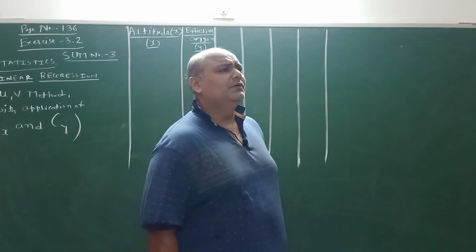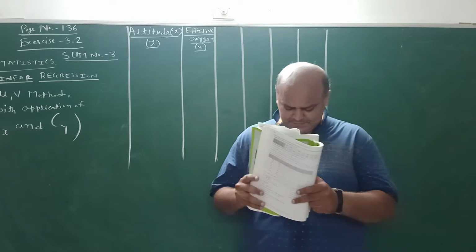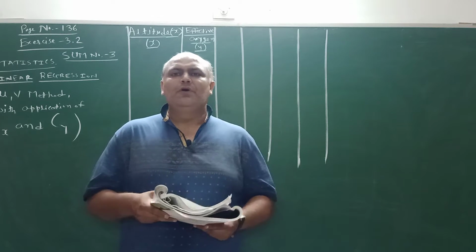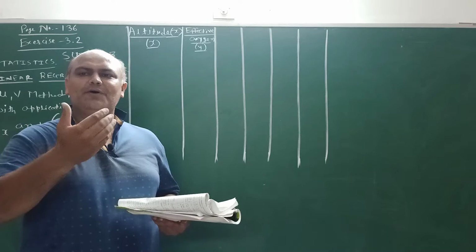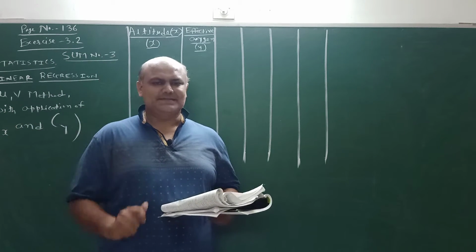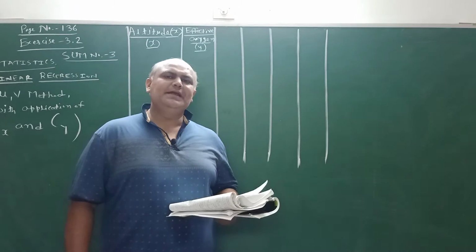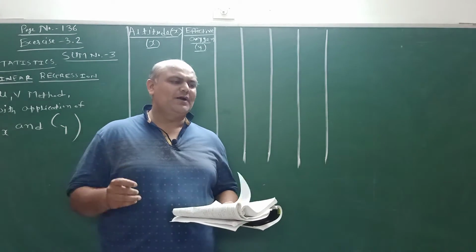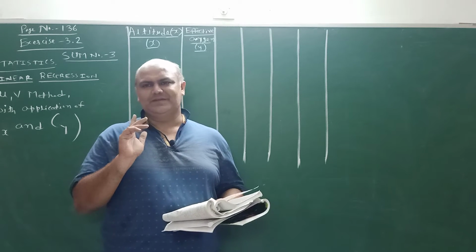Now you all know that when all the digits are divisible by some digit, then if any digit can divide all the digits of x, that is called Cx. And if any digit divides all the digits of y, that is called Cy.